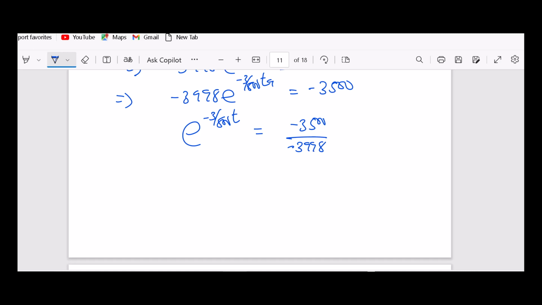we just take ln of both sides. This and this will go. So we take ln of e power negative 3 over 800 t of A equals ln of 3500 over 3998, like this.